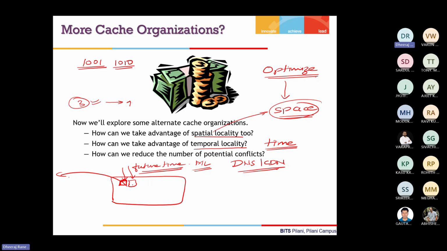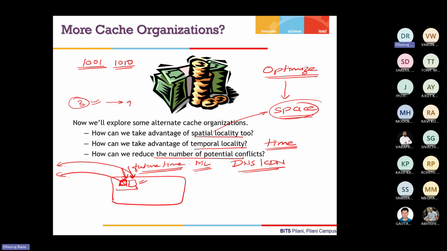Whenever the reference to this next block luckily happens, it will not lead to a cache miss, rather it will lead to a cache hit, because we have presumed, because of the spatial locality, that if this block is required, a subsequent block may also be required, and when the request for this block was made, we transferred it in advance. So if the reference is made to this block, then obviously it will lead to a cache hit.